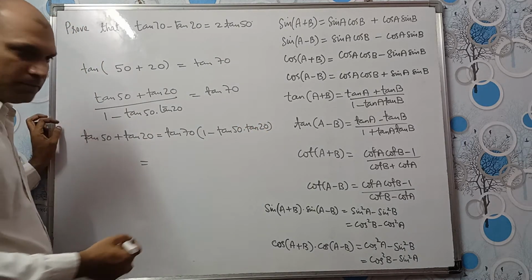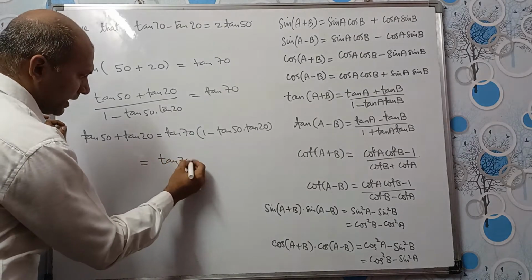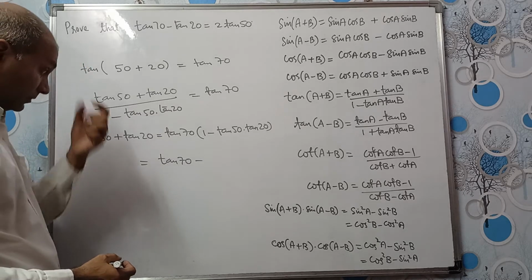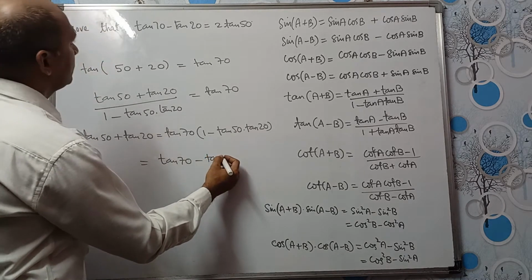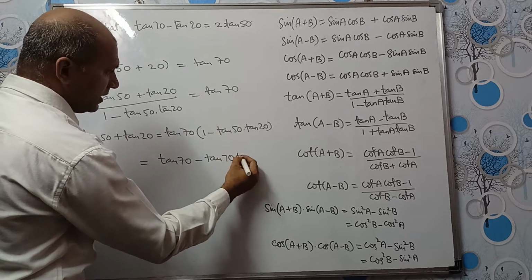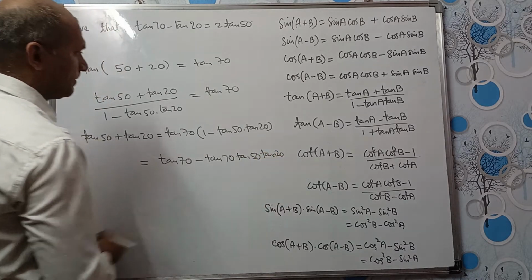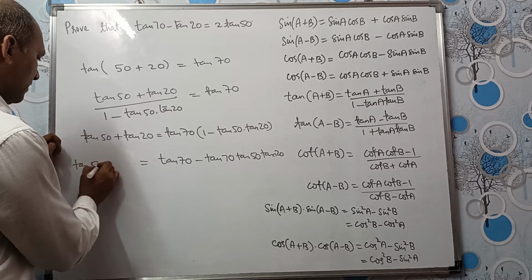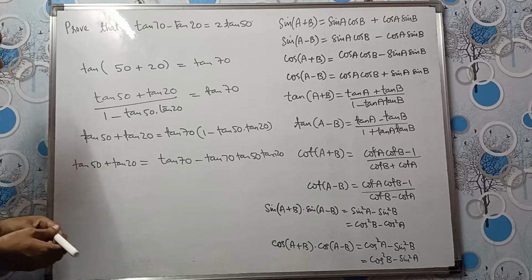So if you multiply this, tan 70 minus, we need 2 tan, tan 70, tan 50 and tan 20, and here we'll have tan 50 plus tan 20.